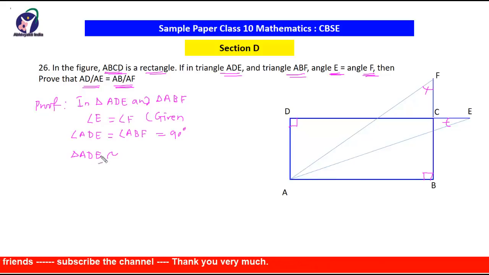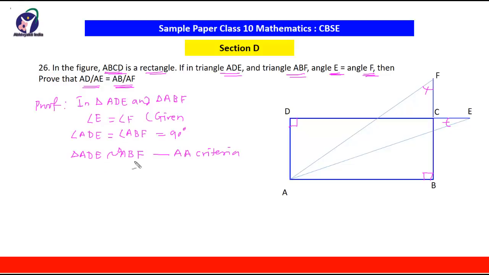So here E and F are equal, so you will write F at the third place. Then second is D here, so D and B are equal, so you will write B here, and the remaining one is A again. So triangle ADE is similar to triangle ABF, that will be by AA criteria.